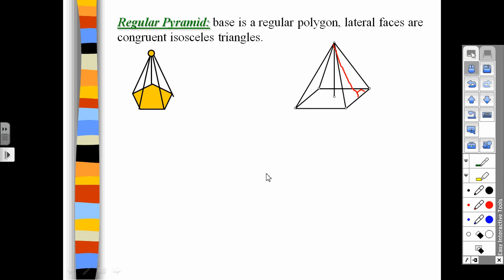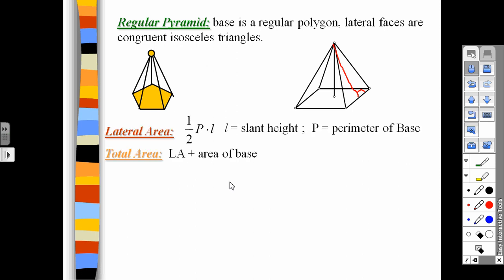Okay, so when we go to figure out surface area, we have the lateral area and we have total area. For the lateral area, just like I said before with the prisms, you could figure out the area of each of these isosceles triangles and then add them up together, or multiply by 4 because they're all congruent.